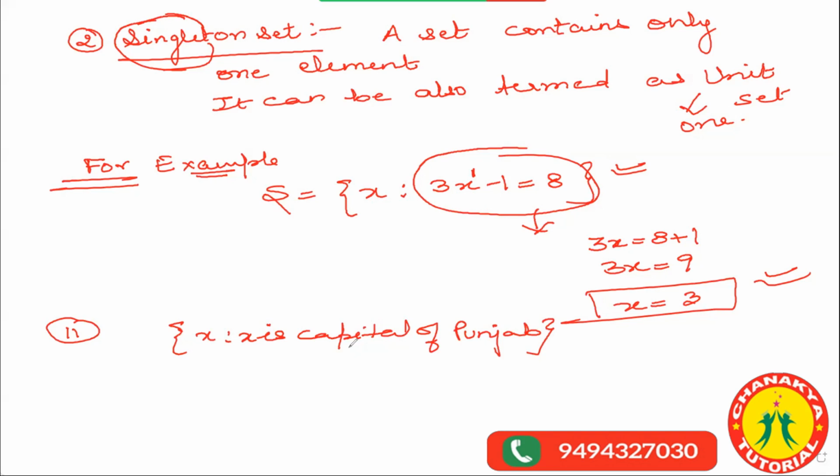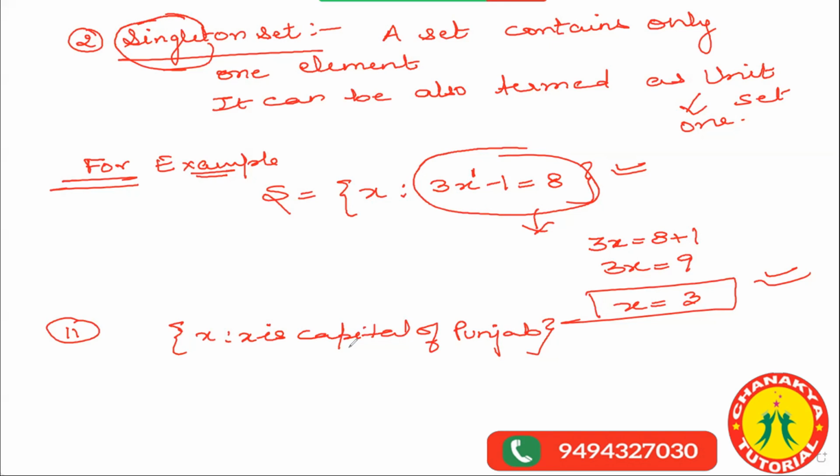The capital of Punjab is Haryana? No. What is the capital of Punjab? Tell me, Vedika. The capital of Punjab is Chandigarh, and the capital of Haryana is also Chandigarh.